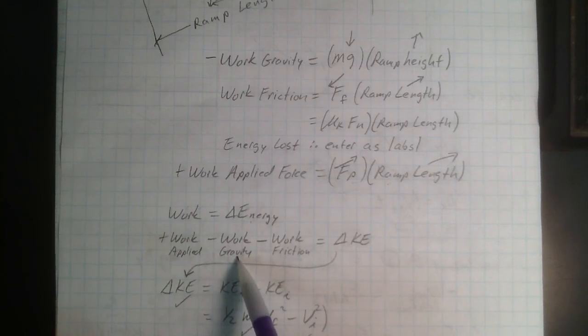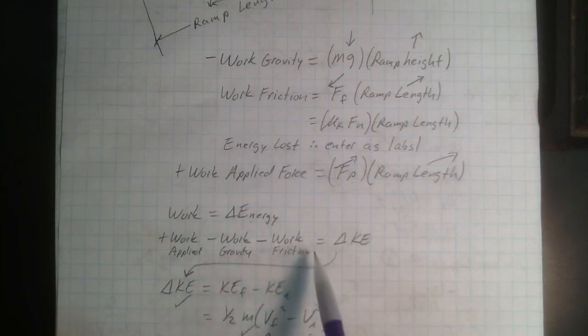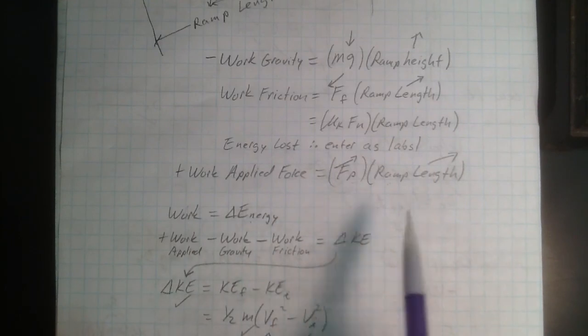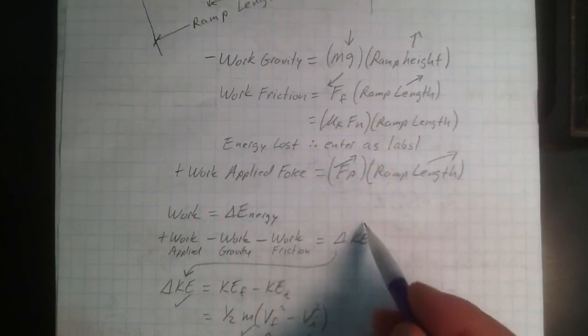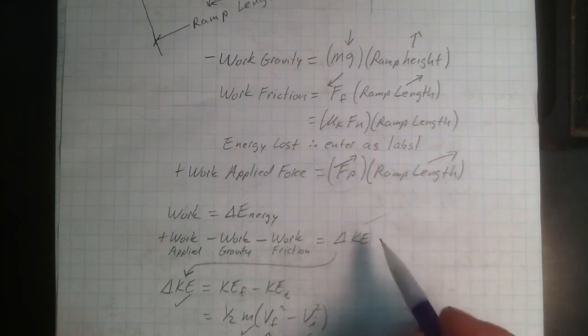Some of that work is being taken away by gravity. Some of that work is being taken away by friction. So this then is going to be my net work, and I can sum these all up, and that is going to be equal to my change in kinetic energy, which is what they're asking for to enter in the next to the last answer.